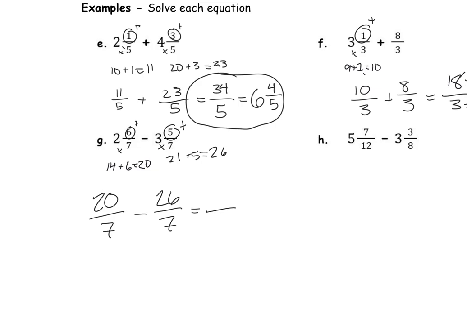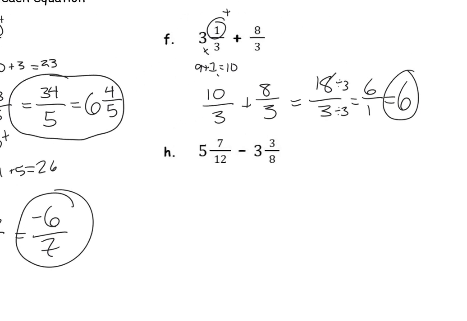Subtracting doesn't change the rule. I'm going to keep my denominator the same. Except now this time I get another one of those situations where I'm going to end up negative, right? If I have $20, but I got to pay someone 26, I can give them my 20 I have, but I still owe them 6. Okay, so we're going to say this is negative 6 because I owe them. And there's nothing else we can do here to simplify. So this is negative 6/7.